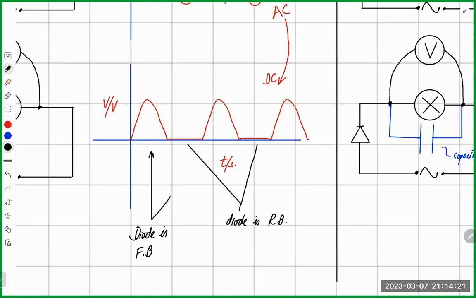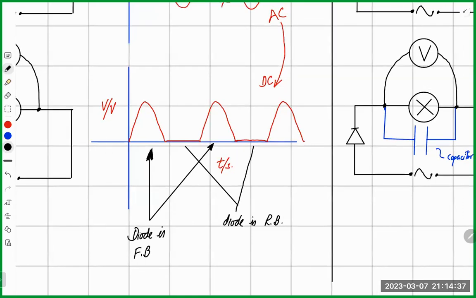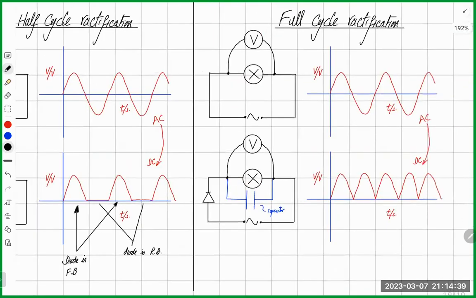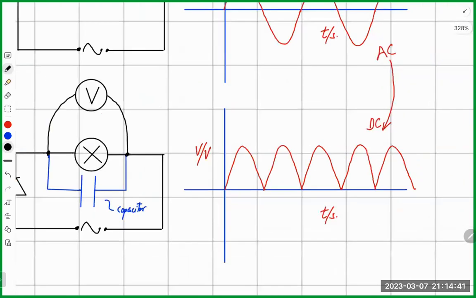Okay. Sir, I have a small question. In our home we do have alternating current, right? So in full wave rectification, how does it work with capacitors? Is there a capacitor in this one you're talking about now? Yes, sir.